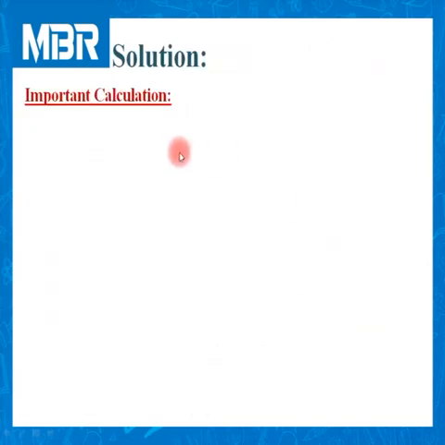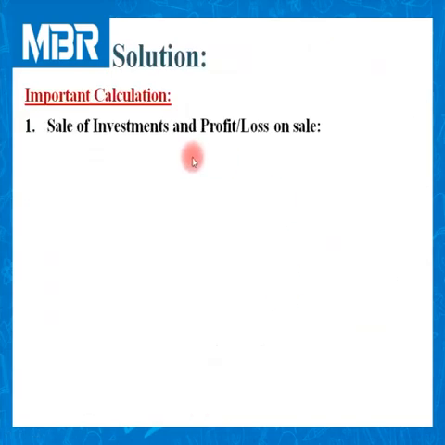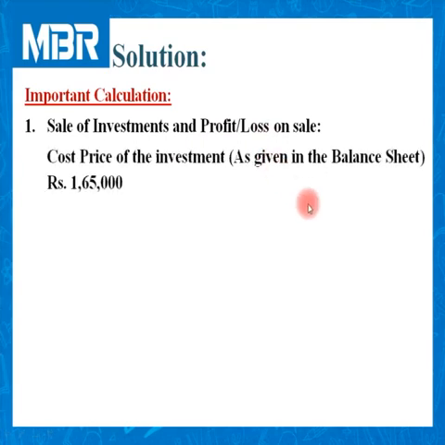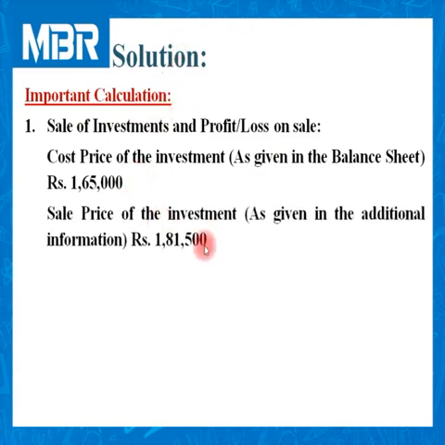First of all, we need to sell our investment. And when we are selling our investment, either we are earning a profit or we are suffering a loss. As per the information given in the balance sheet, the cost price of the investment is rupees 1,65,000.